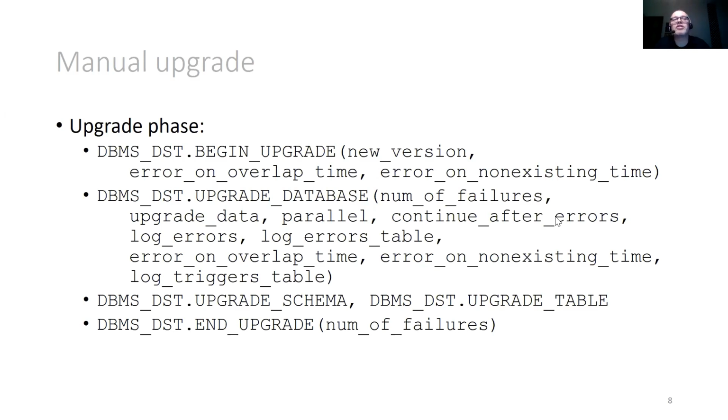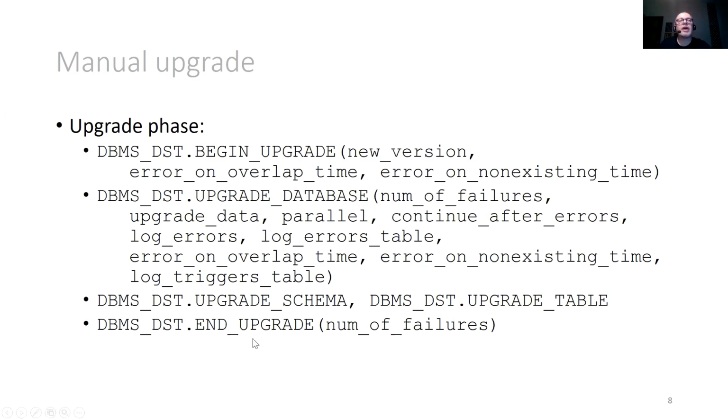If there were any failures and we have continued after those failures, you can do whatever is needed, depending on the error, to fix the issue, and then you can use the DST upgrade schema or upgrade table to do a fine-grained upgrade of those remaining tables that have not been upgraded until now.